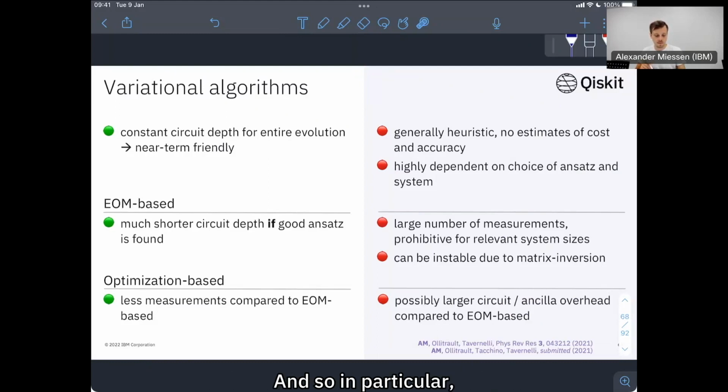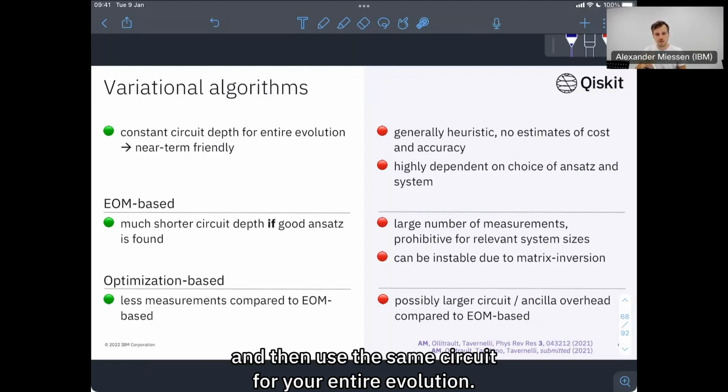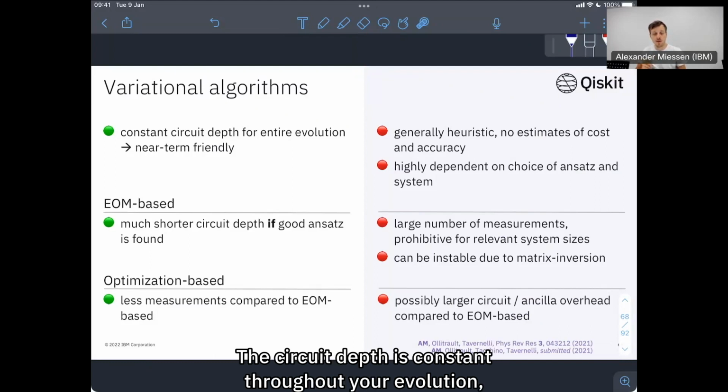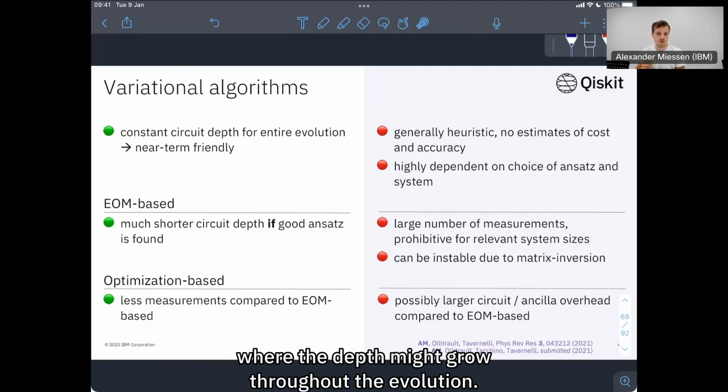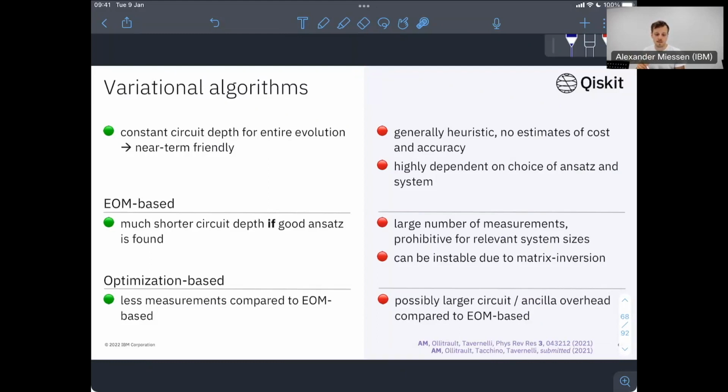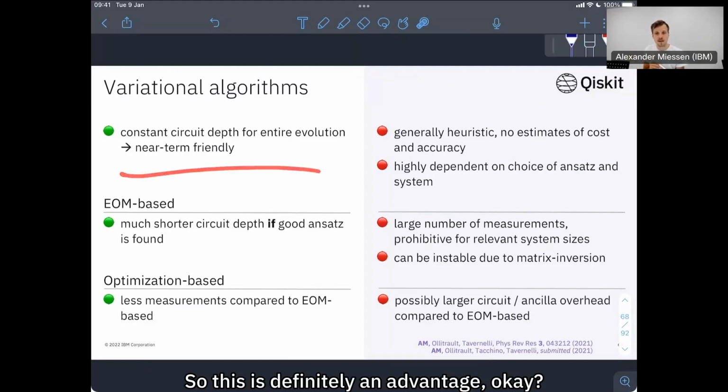And so in particular, because you construct this variational ansatz and then use the same circuit for your entire evolution, the circuit depth is constant throughout your evolution, which is a difference to product formulas, for instance, where the depth might grow throughout the evolution. So this is definitely an advantage, okay?